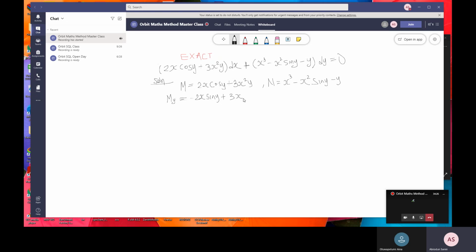Then I will differentiate N partially with respect to x. So I'm going to have 3x squared minus 2x sin y.